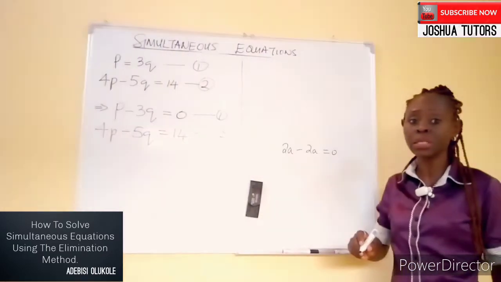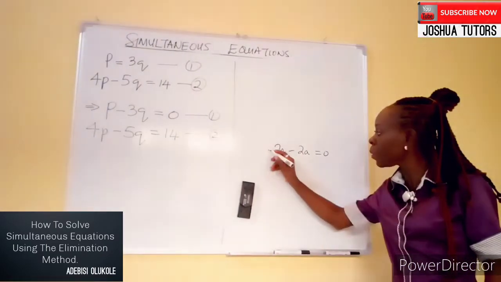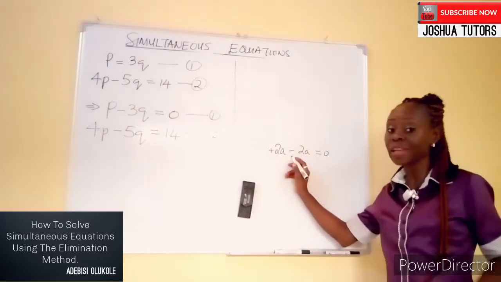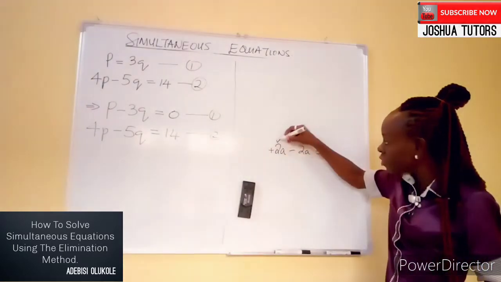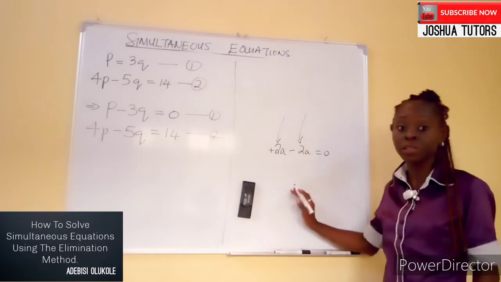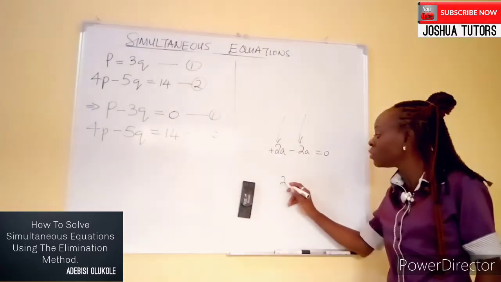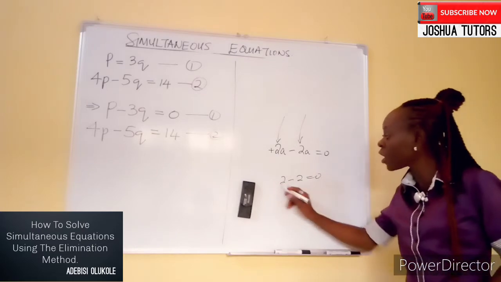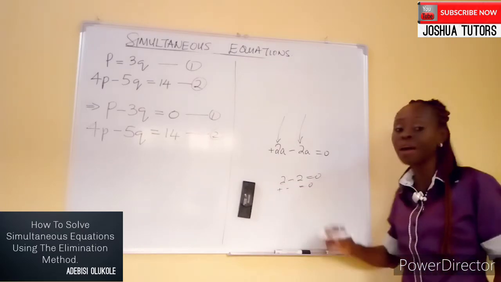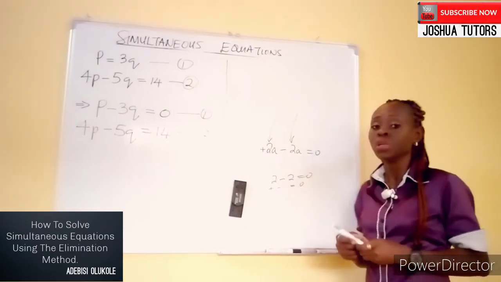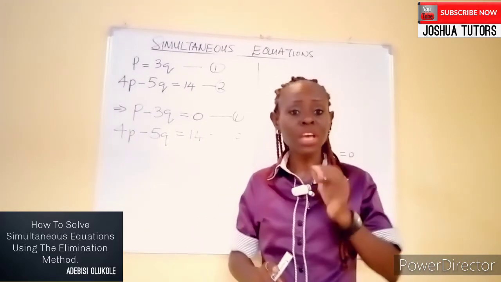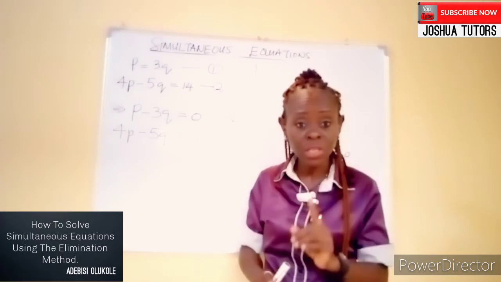I have eliminated it. Why? Because there's a plus here and there's a minus here. Their coefficient signs are different, but their coefficient numbers are the same. It is only when I do 2 minus 2 that I have 0. It is only when I have plus and minus that I also have 0. So their coefficient signs must be different, but their coefficient numbers must be the same.